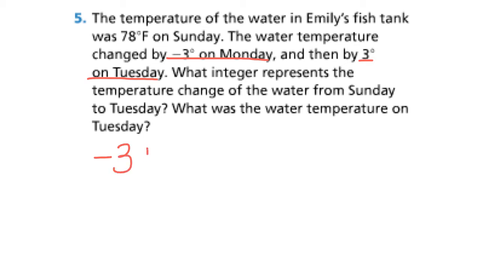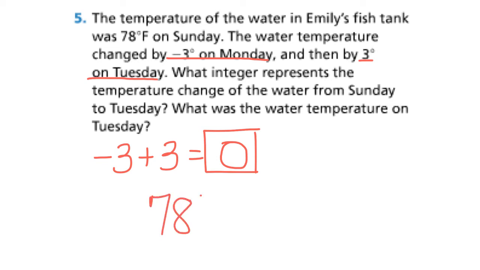Negative 3 and 3, they're opposites, so they are going to combine to be a 0 change. The integer 0 represents the change. So if the water started at 78 degrees and there was no change because they zero out, then the temperature on Tuesday is 78 degrees Fahrenheit.